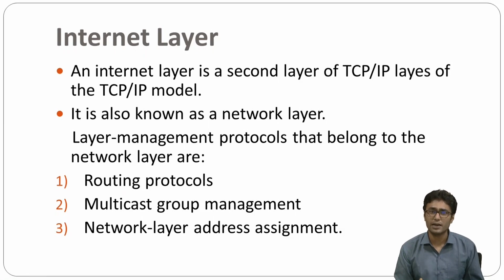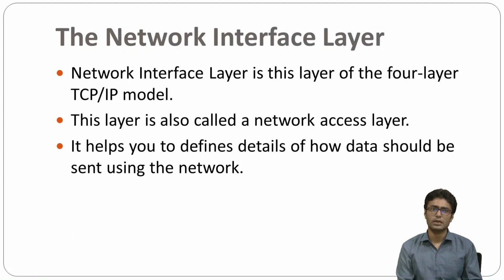And the last one is our network interface layer. So network interface layer is the fourth layer of the TCP/IP model. This layer is also called network access layer. So it helps you to define details of how data should be sent using the network.